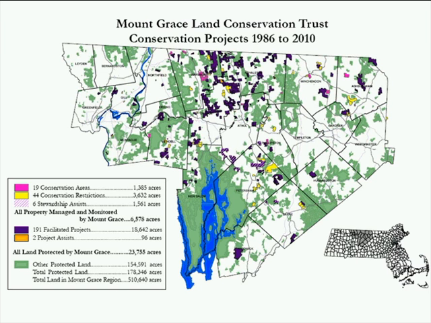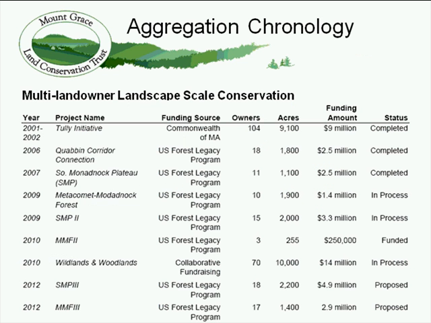We cover 23 towns, and about 40% of the land is already protected by many state and federal agencies and municipalities and land trusts. So Mount Grace has the opportunity to partner with many different organizations. And aggregation is simply one of the strategies that we use to fund conservation projects.